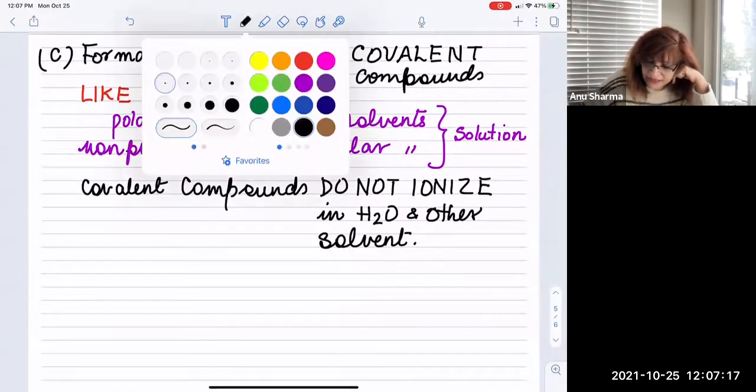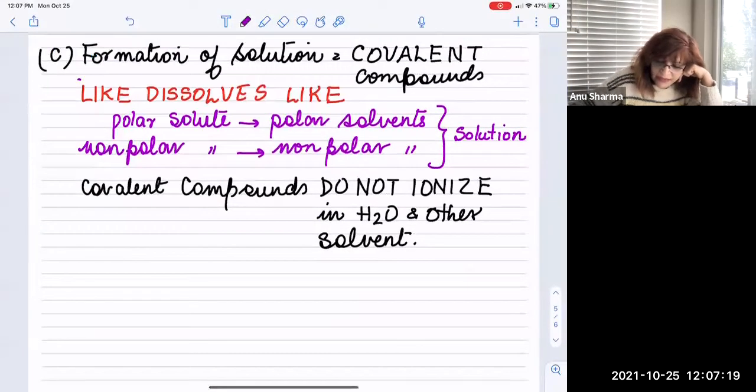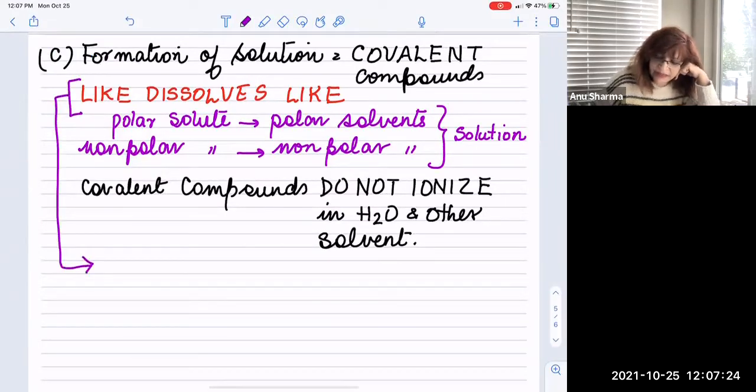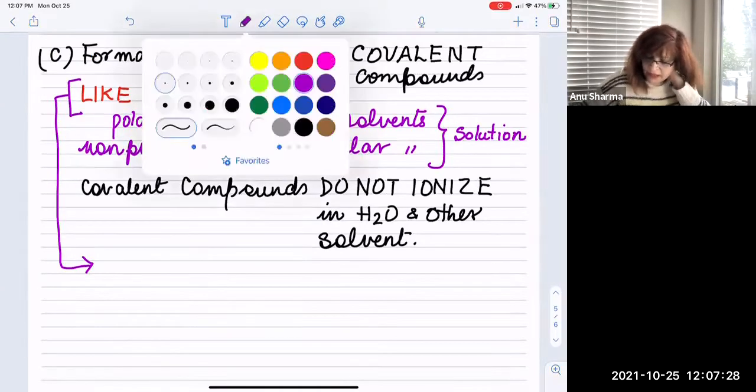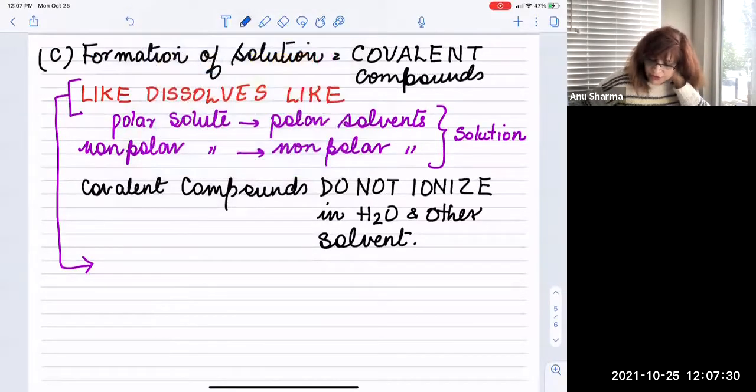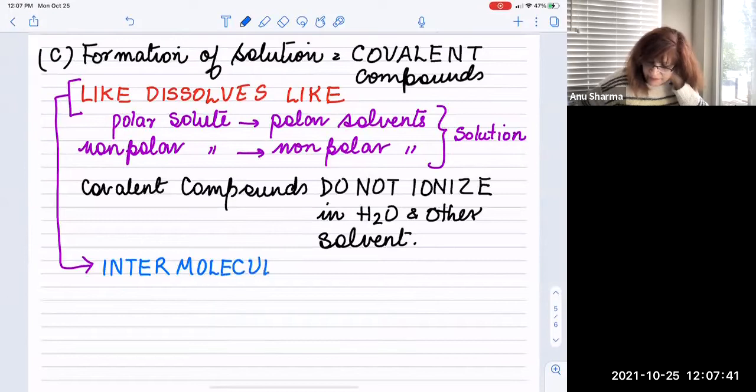So in that case, like dissolves like applies to two things. One thing is that we look at the intermolecular forces. They come into play. Now, what are intermolecular forces?